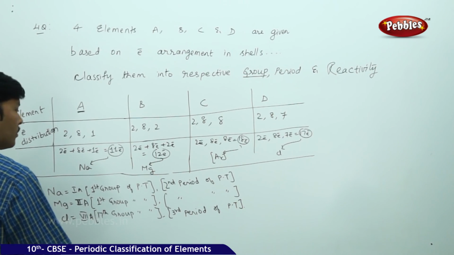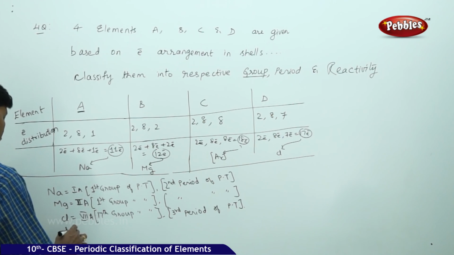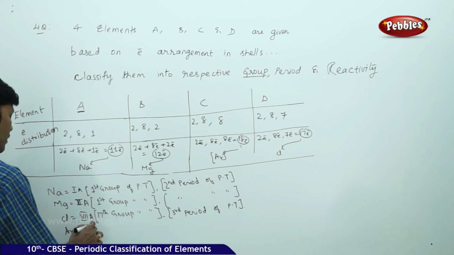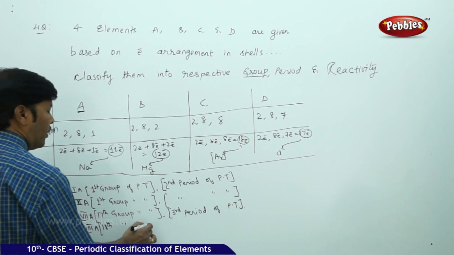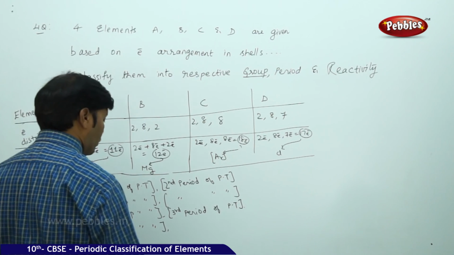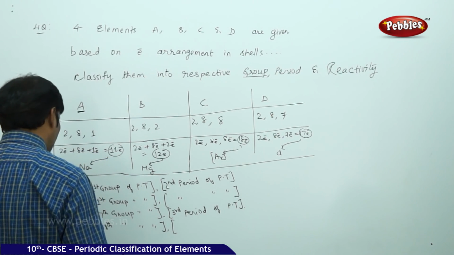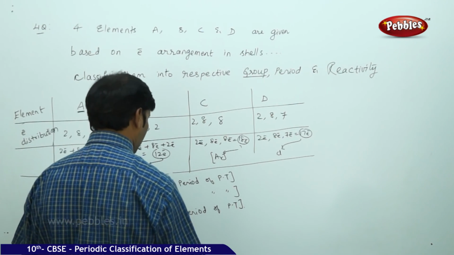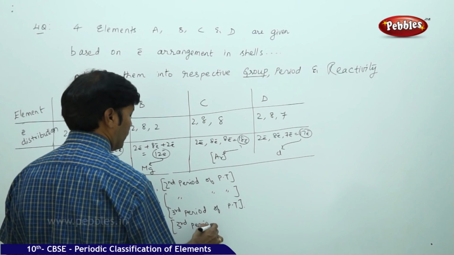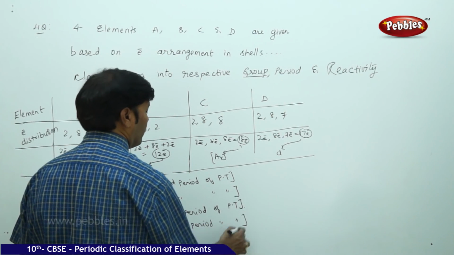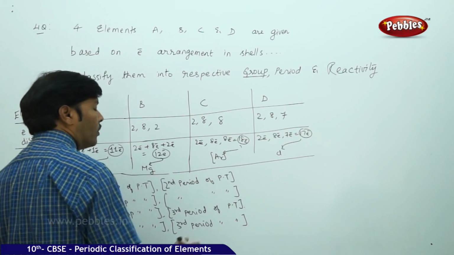So chlorine we have completed. Next, argon belongs to 8A or 0 group, 18th group of periodic table, and it belongs to third period of periodic table.